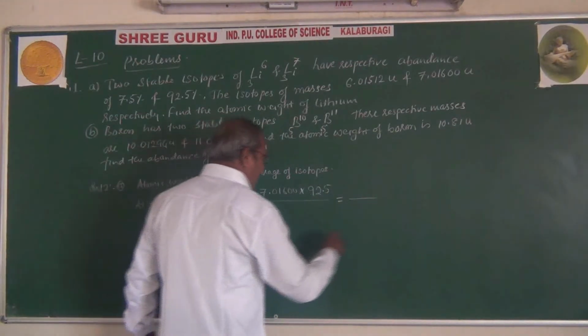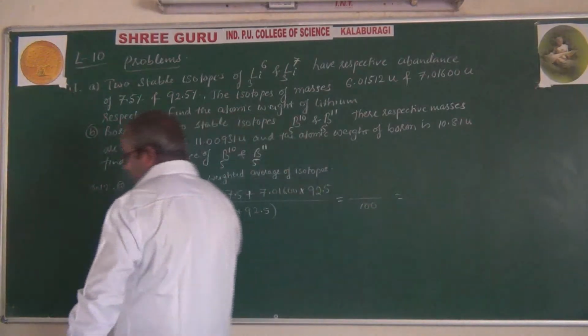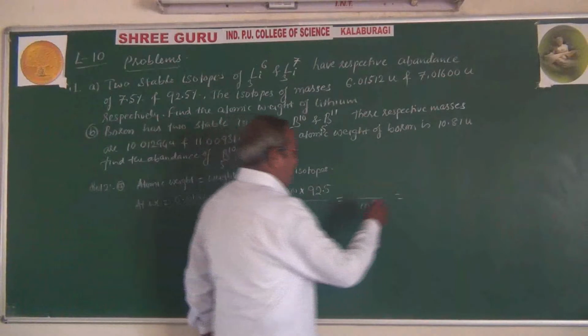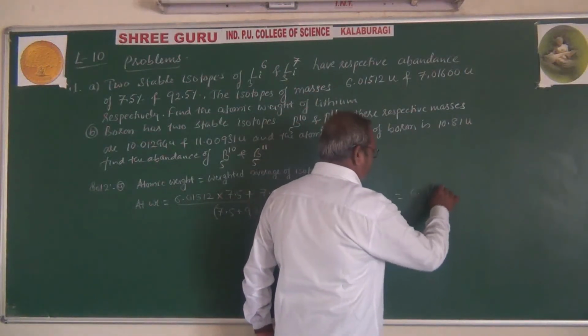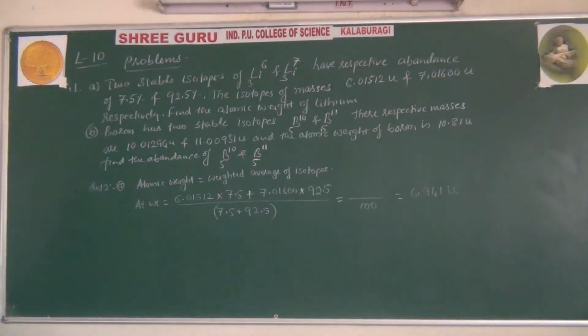The denominator you are going to get is 100, and the numerator you have to simplify, and the final result, the atomic weight of lithium, is 6.941 U. U is nothing but atomic mass unit. That is the way to calculate it: the sum of the masses of the isotopes multiplied by their abundance, divided by the total abundance.